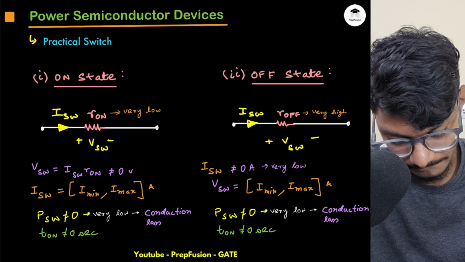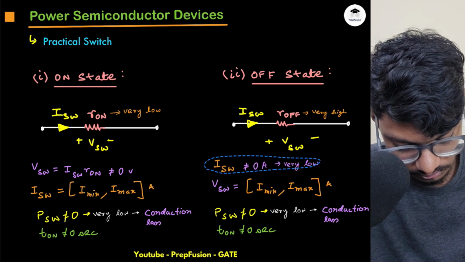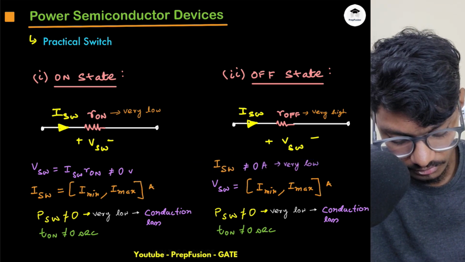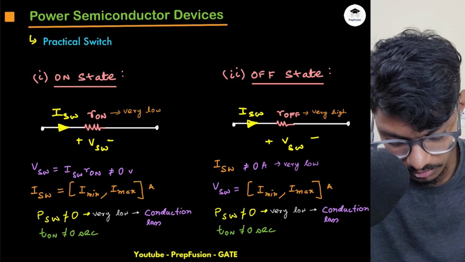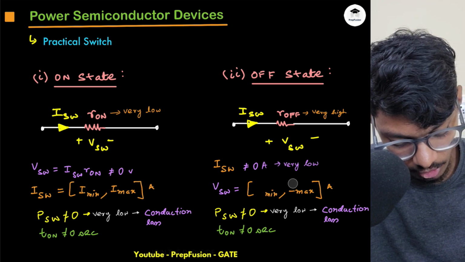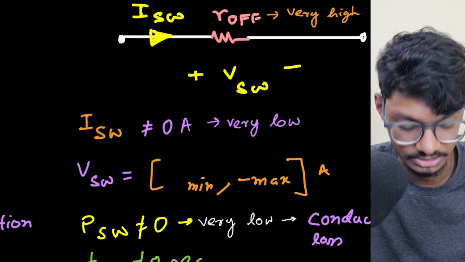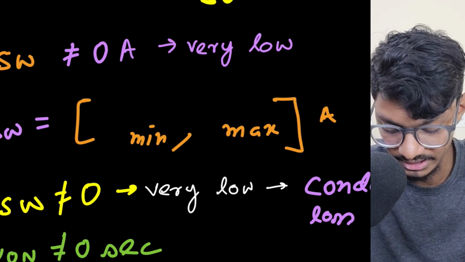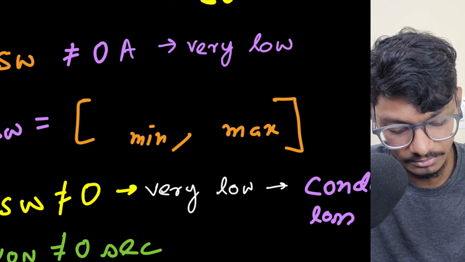Okay, next, what about V switch? Again, obviously there will be some limitation on how much voltage I can block. So in reverse bias, when the diode is reverse biased, if you are studying analog electronics, you will see that it has some rating.